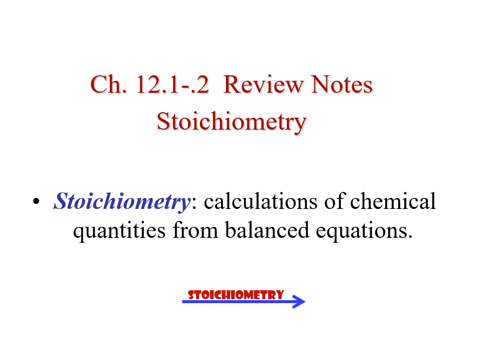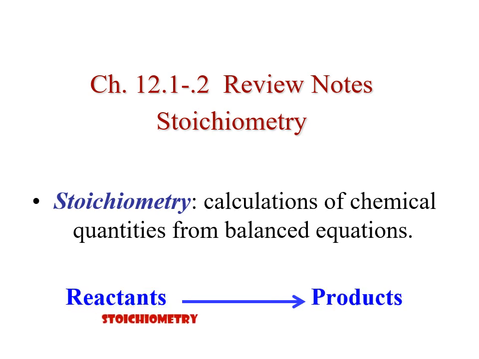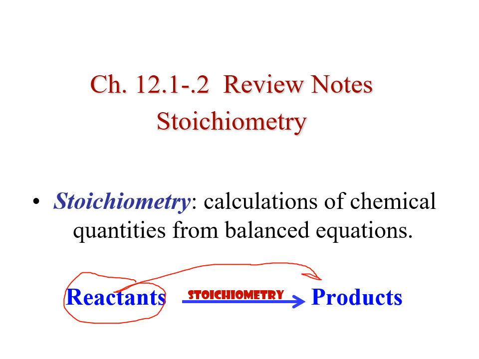So what stoichiometry does is it's a bridge for us from reactants to products, right? That is the beauty of stoichiometry. We can start with our reactants, and it helps us predict how many products we're going to make. Or we can go the other way around.